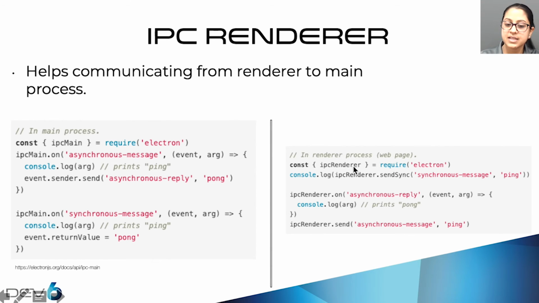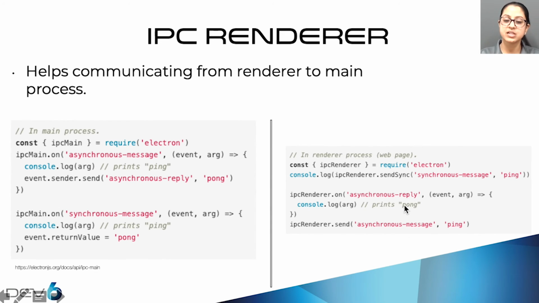So again, it's the same ping pong depending upon which API you are using. So here is the same ipcRenderer.on, you are listening to this message and receiving this message from the main process. So here asynchronous reply, here event.sender in the main process you're sending pong, so it prints pong here.